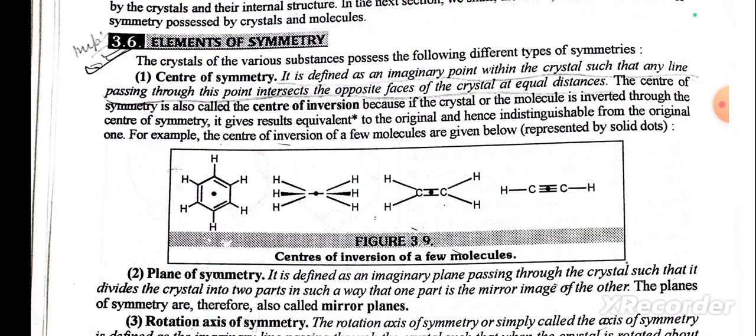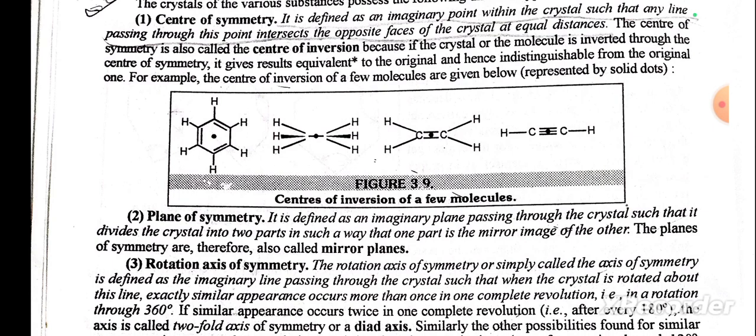Elements of symmetry. The crystals of various substances possess different types of symmetries. First is center of symmetry. It is defined as an imaginary point within the crystal such that any line passing through the point intersects opposite faces of the crystal at equal distances.